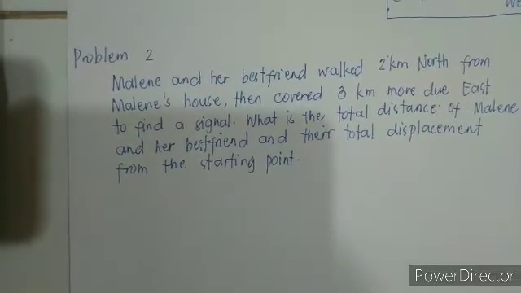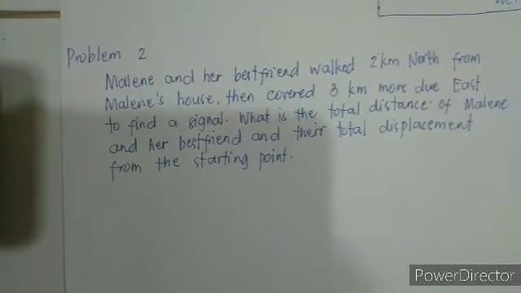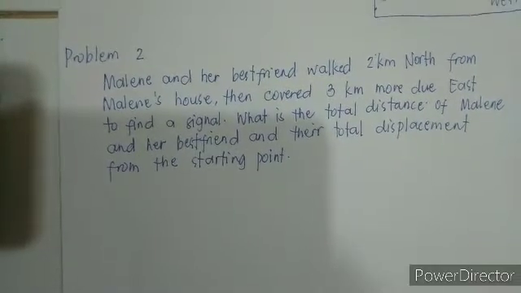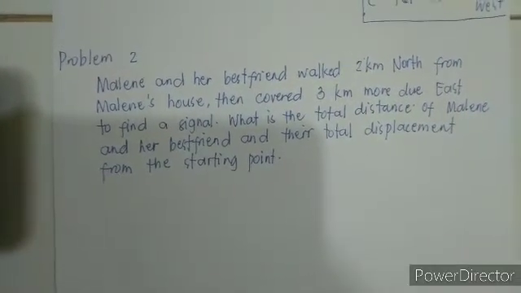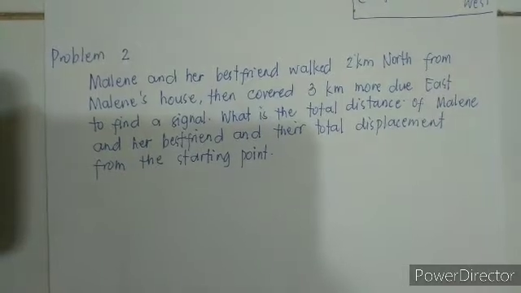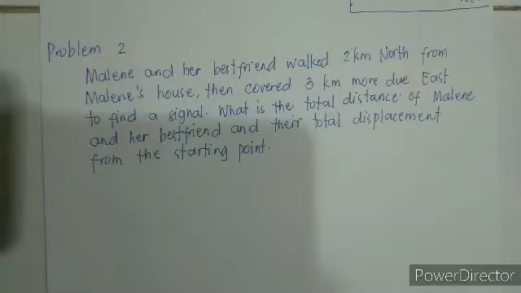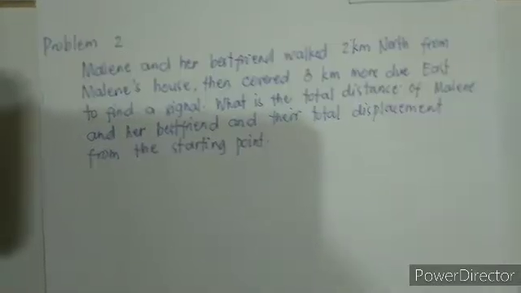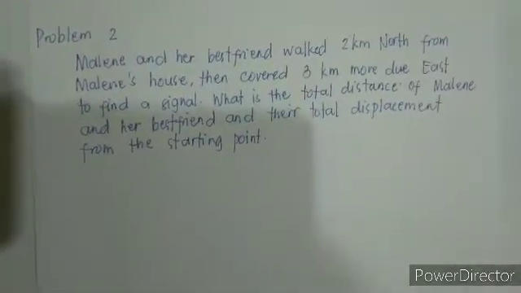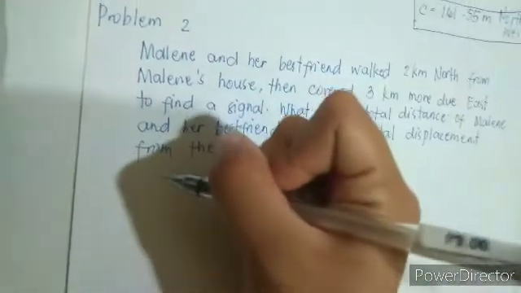Problem number 2. Malin and her best friend walked 2 kilometers north from Malin's house, then covered 3 kilometers more due east to find the signal. What is the total distance of Malin and her best friend and their total displacement from the starting point? So let's first get the distance as usual.